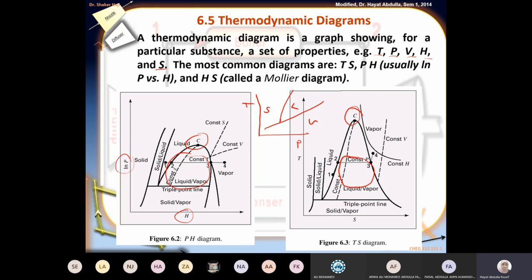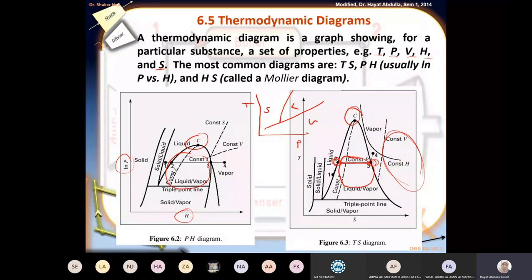Another thing that is really useful when you look at the diagrams is that you can see different regions, as we mentioned before: the subcooled liquid, the saturated liquid, the saturated mixture, and then the saturated vapor. Remember that this region represents the superheated region, and from the term, it simply means that I am superheating it.